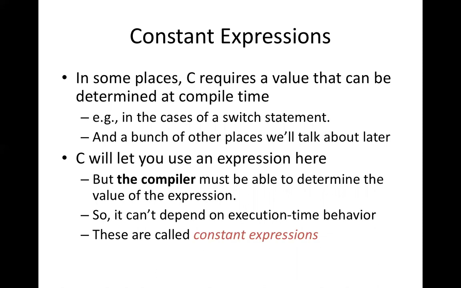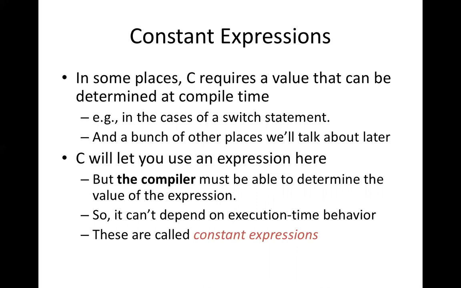That's a constant expression. It's just the plain old number 3. The compiler can tell what that value is, even if it was a little more complicated, like 3 times 7. Well, if it's just made of constants, the compiler can figure out its value during compilation. So that's what a constant expression is.